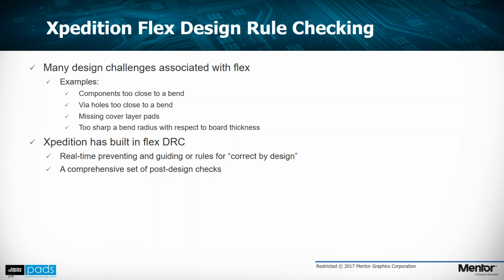It will take into account the thickness of your Flex design and make sure that the bend radius will not cause an issue. There is a real-time DRC that you can enable that will not allow you to break design rules. And there's also a way to check after routing, if you're one of those people that enjoys routing with the DRC off, and then you can do a batch DRC on those rules afterward.